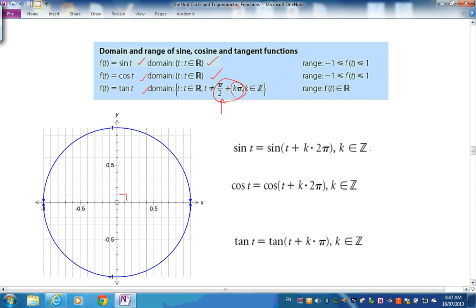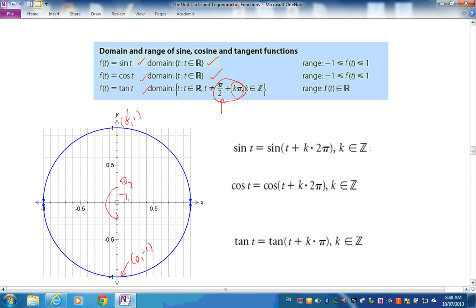So when you get pi on 2, the values of this point are 0 and 1. So cos is 0 and tan is sine over cos, or y over x, so you can't divide by 0, and that's at pi on 2. And if you go pi later, then you get another point, which is a problem down here, which is 0, -1.